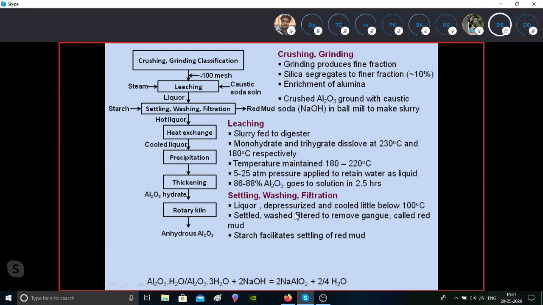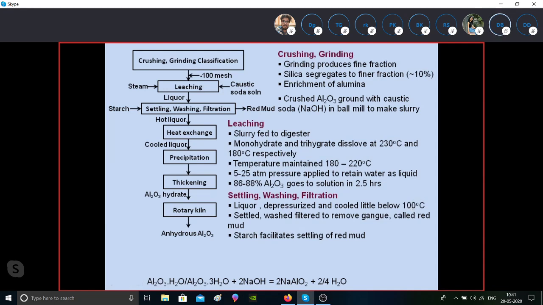This situation is now under very high pressure. So the unit is first depressurized to normal atmosphere, and the liquor is then cooled down, because the temperature was around 180 to 220, averaging 200 degrees centigrade. It is depressurized and cooled down to a little below 100 degrees centigrade.